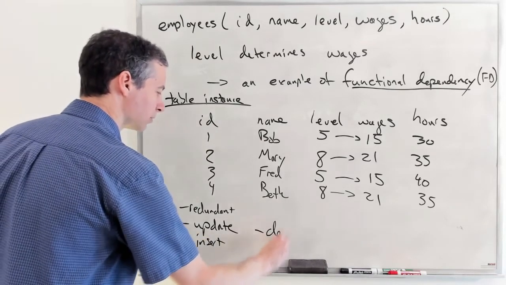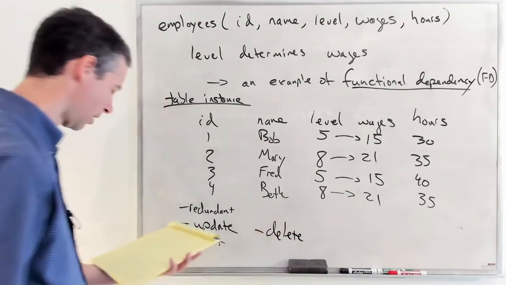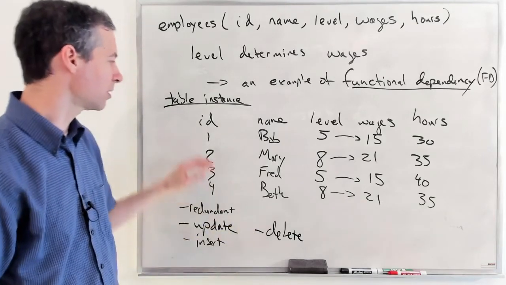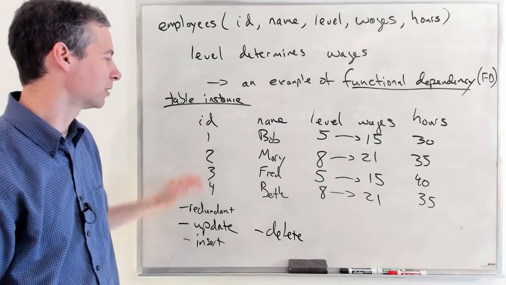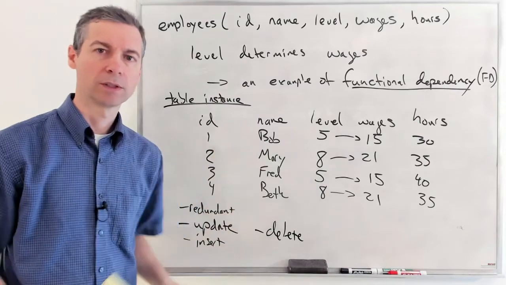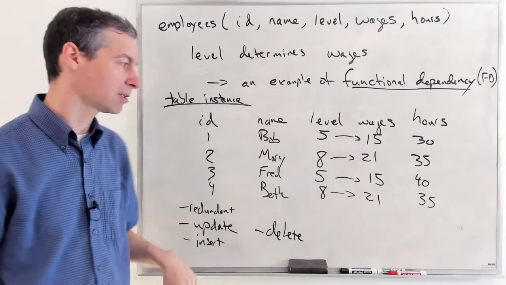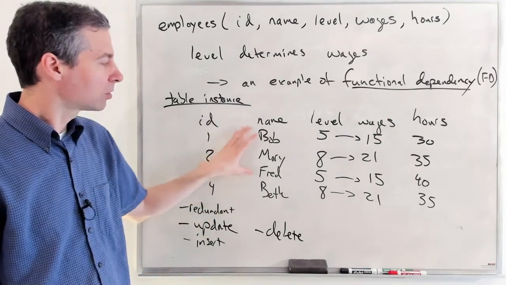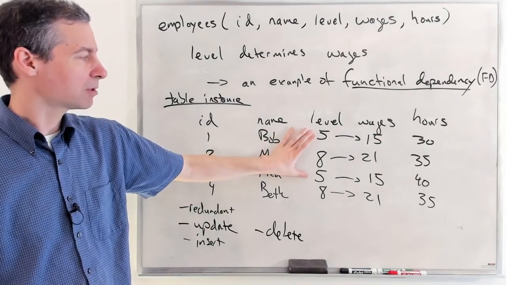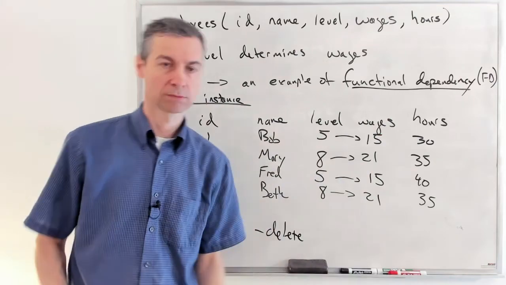What about deleting? Well, all right. Let's say we get rid of Bob and Fred. They both decided to quit in tandem. And if this was the only data we had, actually, we could lose entirely the mapping between level and wages.